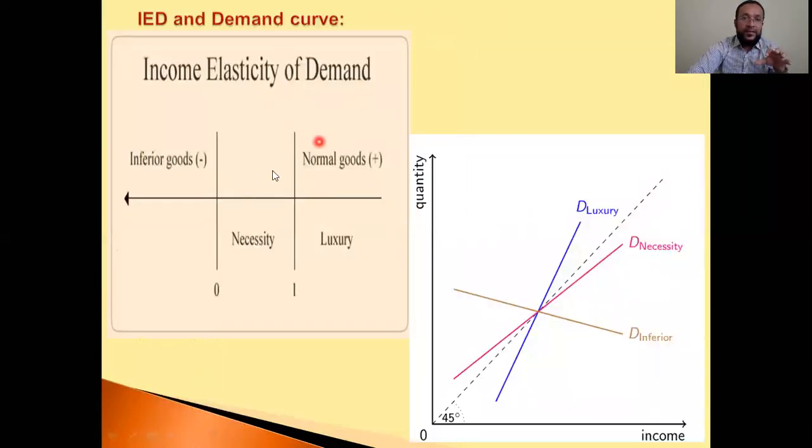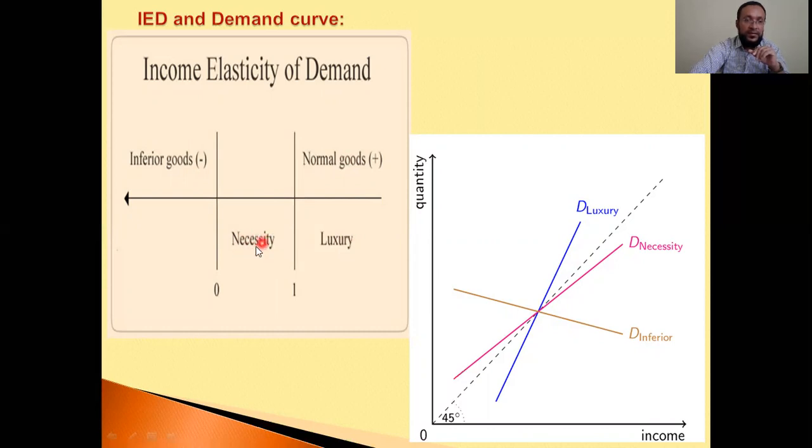Okay, so to make it easy, look at this diagram. Here, income elasticity of demand. See here, this is inferior goods. If it is origin 0, the left side is negative, right? If the value belongs to this negative side, the goods will be inferior goods, having negative signs. And the right side of 0 is normal goods. But normal goods we can divide into two types: luxury and necessity.